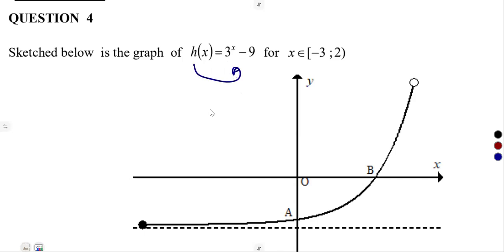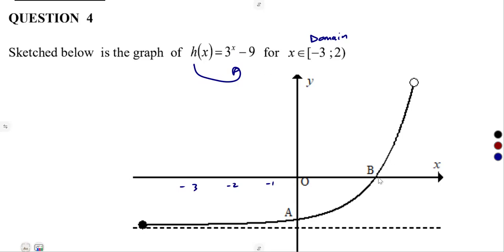For the values of x being taken from -3 to 2, they gave us the domain, meaning we are going to consider our x values -1, -2, -3, +1, +2. When x is +2, that's 0 there.